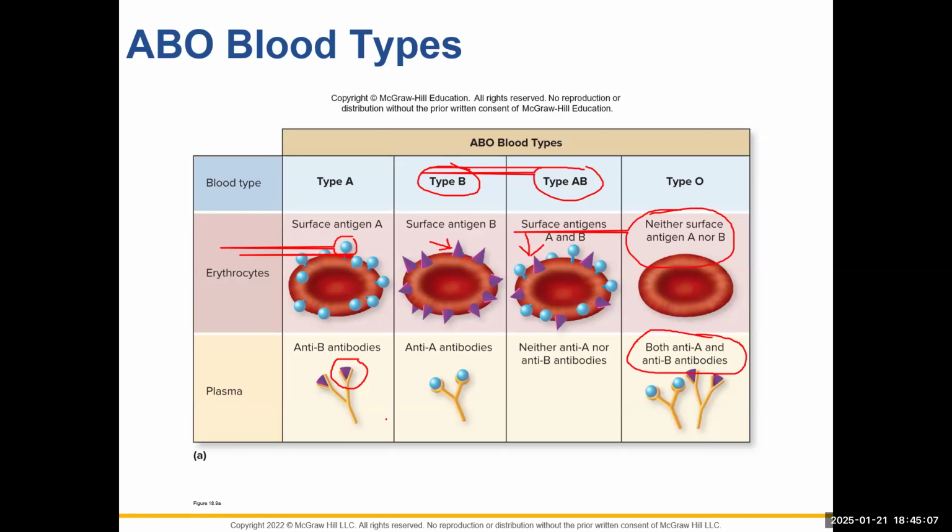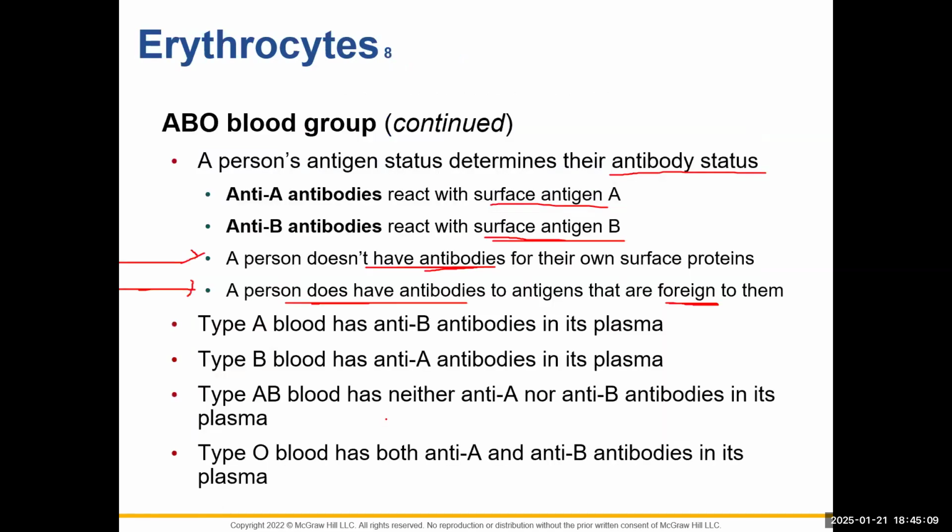Oh, and I'll talk a little bit more about this. Let me go back to this slide here. Okay, so just to review, type A blood has anti-B antibodies. Type B blood has anti-A antibodies in its blood plasma. AB has neither antibody, but AB has both A antigen and B antigen surface glycoproteins.